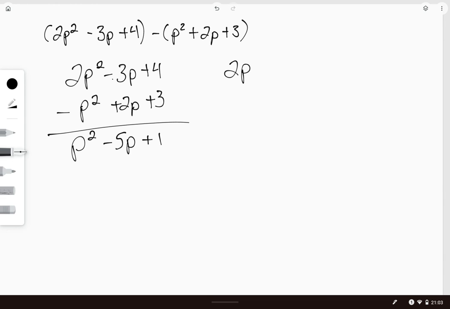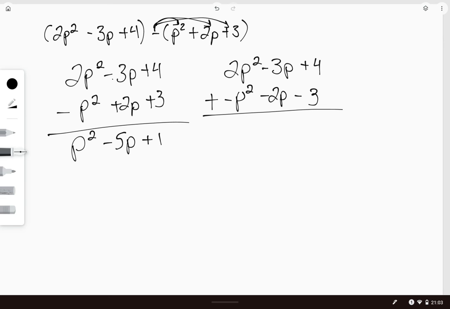Now, let's also go through again, distributing the negative and rewriting the problem as addition. So a negative times p squared gives me minus p squared. Negative times 2p gives me minus 2p. And negative times a positive 3, a negative and a positive make a negative.